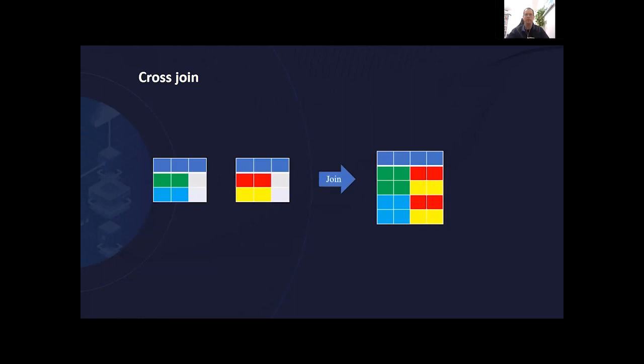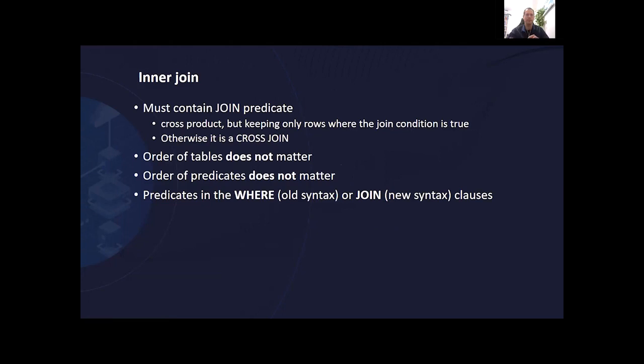And this is an example again. So we join these two tables. In this case, for the green we have two rows from the right table, and the same for the blue. So there is no join condition in this case.